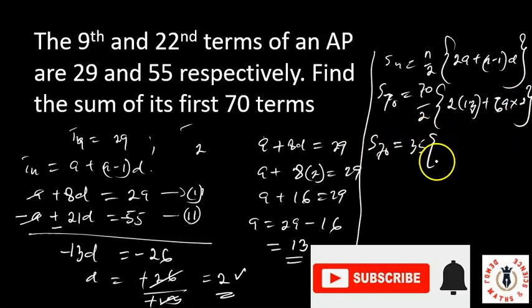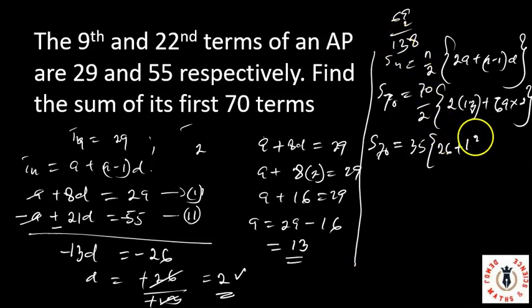70 divided by 2, that's 35, times 2 times 13, that's 26, plus 2 times 69. Let's put that together. 69 times 2, that's 138. S70 will be equal to 26 plus 138.